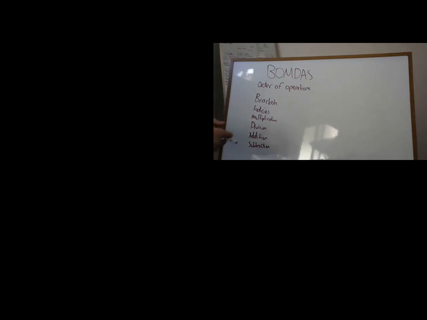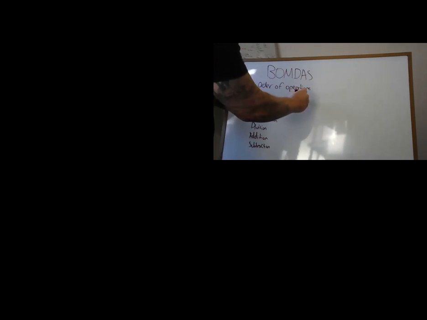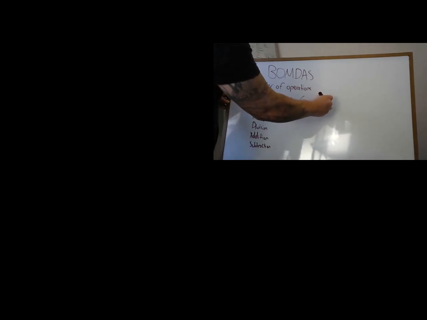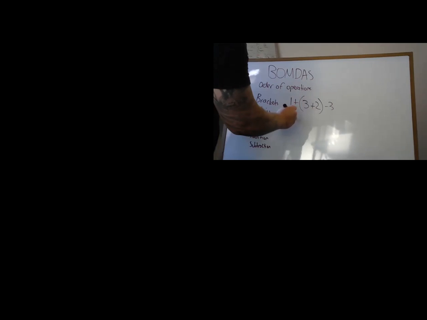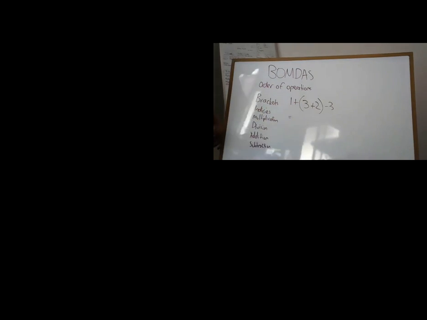So if I had this, using our order of operations, what would be the answer to that question? It's going to move relatively quickly today. This is just covering skills, not learning anything new today.